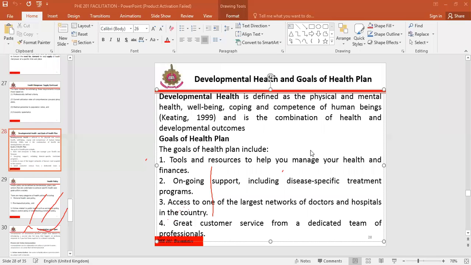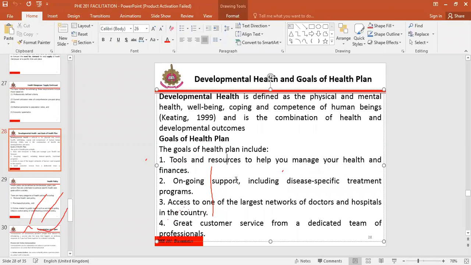So there are some health plan goals that we need to give paramount importance whenever we are planning our health facilities, especially some of us that belong to the management level or cadre, so to say.